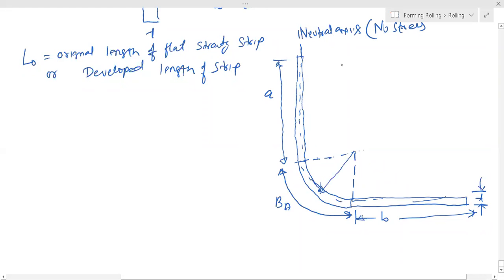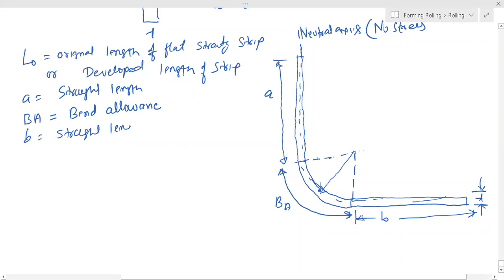This Rn. So A is your straight length. This is straight length. BA we call bend allowance. And again, B is your straight length, straight length, right?